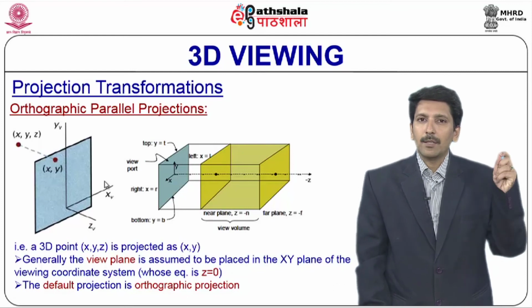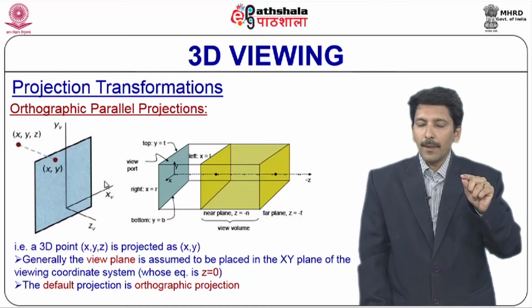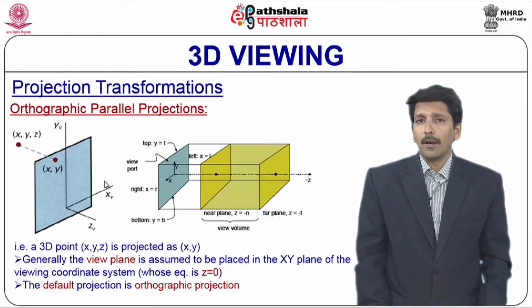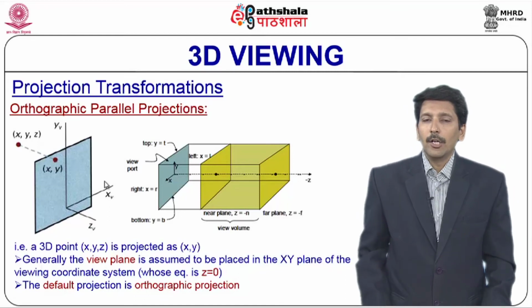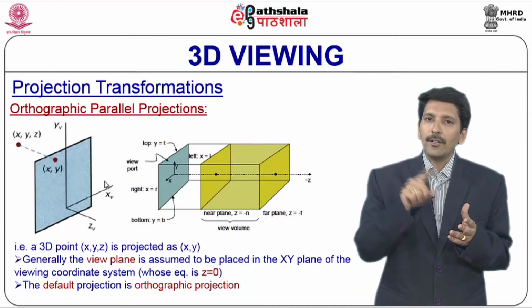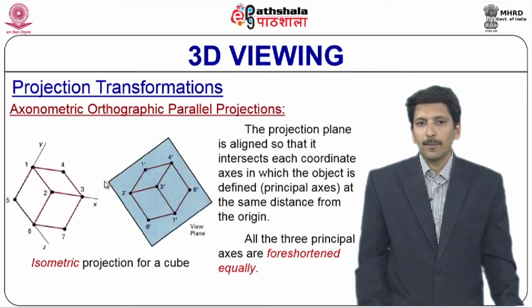So, a point P(x, y, z), when projected orthogonally onto the view plane, has z become 0 and x, y remain exactly the same. So, the equations for orthogonal projection are: x' = x, y' = y, z' = 0. That is how you can give the orthogonal projection.